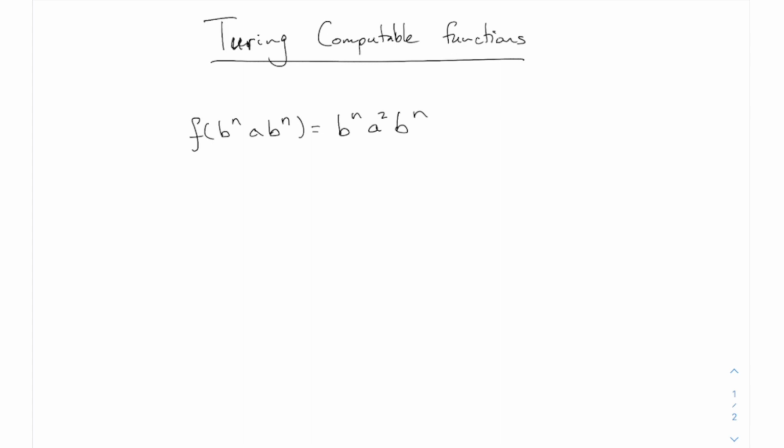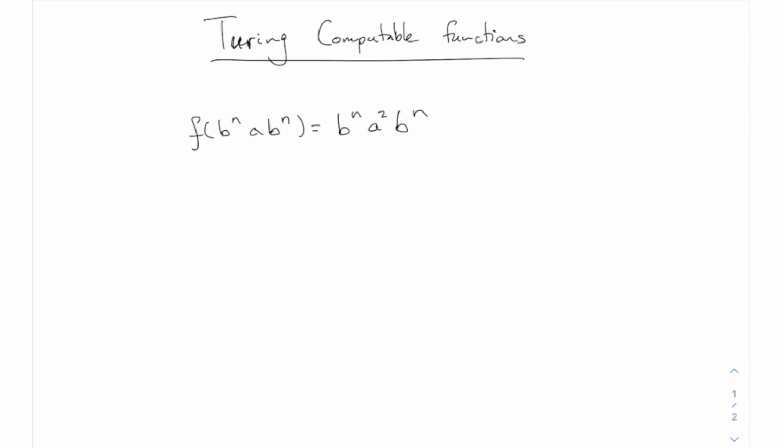The strategy we used for this one was that you have to somehow insert an extra a in the middle, which there's not really an insertion operation that a Turing machine is allowed to do. You have to just, in this case, move yourself over here, change the first of these b's to another a, and then keep on going to the end and insert an extra b on the end.